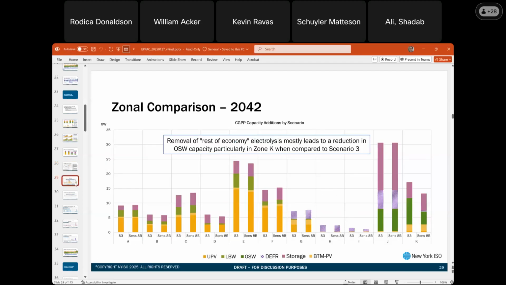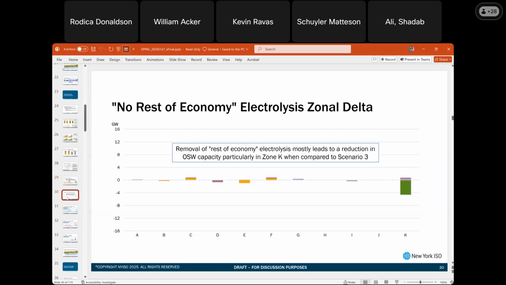So, getting into some more comparisons of the cases here. The removal of the rest of economy electrolysis is mostly leading to that reduction of offshore wind capacity in zone K, and here's where we can see that on a delta slide between the two cases.